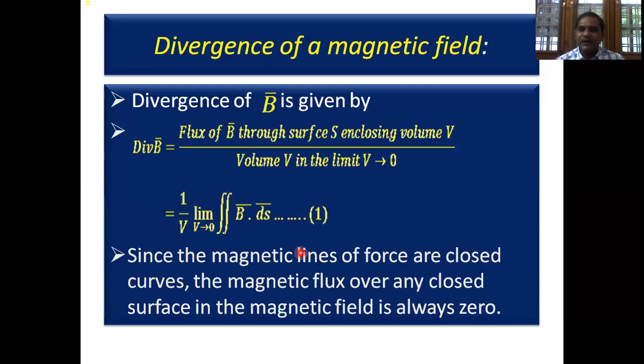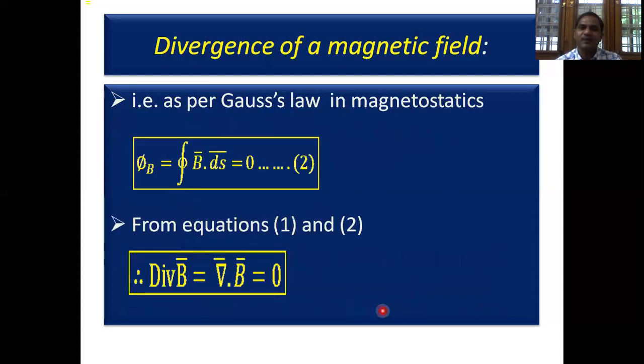But we know that the magnetic lines of force are closed curves. Therefore, the magnetic flux over any closed surface in the magnetic field is always 0. Hence, as per the Gauss law in magnetostatics, which we discussed earlier, magnetic flux, closed integral B bar dot ds bar, equals 0.